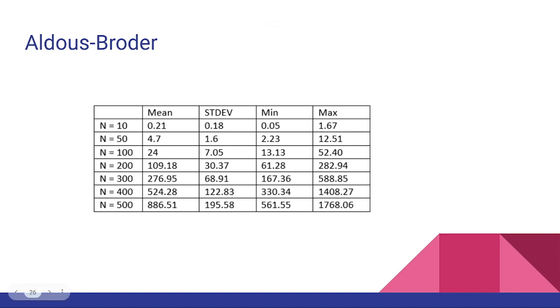And here we have some sequential data for the Aldous-Broder algorithm. This was aggregated data from 300 runs across multiple maze sizes, including 10 by 10s, 50 by 50s, 100 by 100s, etc. And these are all measured in milliseconds.